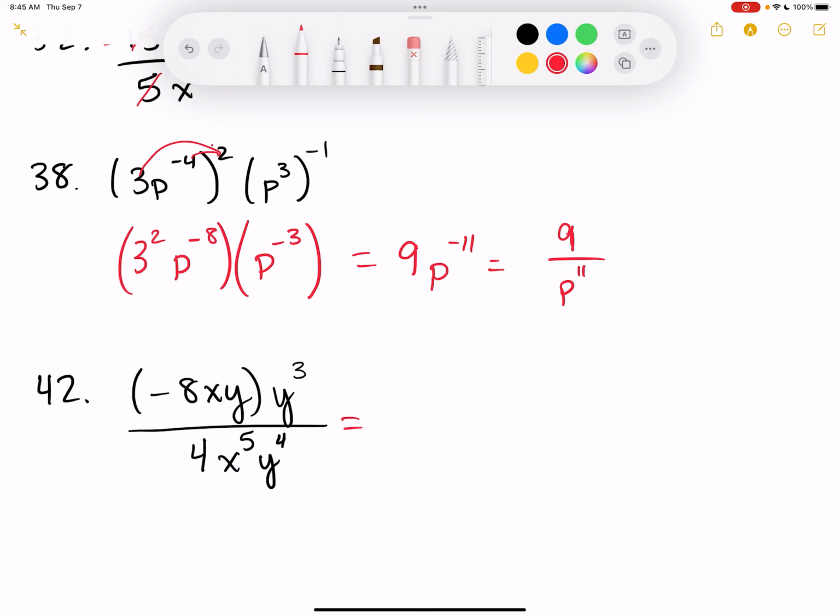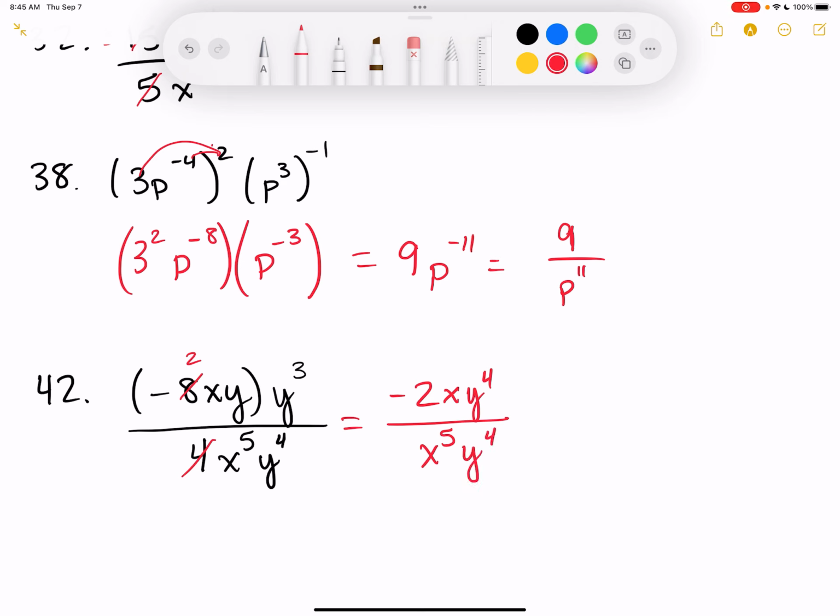So 4 goes into -8, well, -2 times. So I know I'm going to have -2 on top. I've only got one x on top, so I'll go ahead and have the x. And then y times y cubed, add the exponents, that's y to the 4th, over. Then we just copy over the bottom, x to the 5th, y to the 4th.